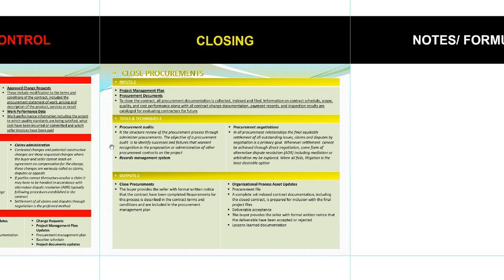If there's any problem with the procurement, then we have to do some negotiations. A lot of times, the work is not done with respect to the agreement or the contract, and then people go to court and sue each other. But that costs a lot of time, money, and work.